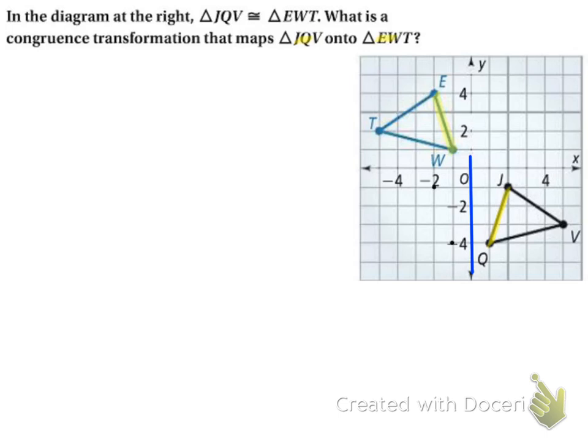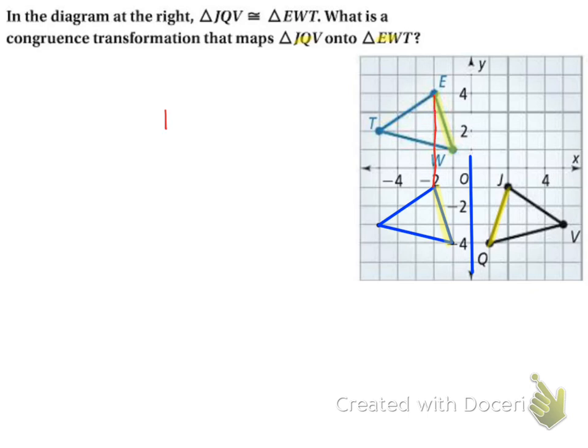When I do that, I get something looking like this. Then at least it's oriented the right way, so a reflection over the y-axis first, and then I'm just going to move it up 1, 2, 3, 4, 5, up 5.